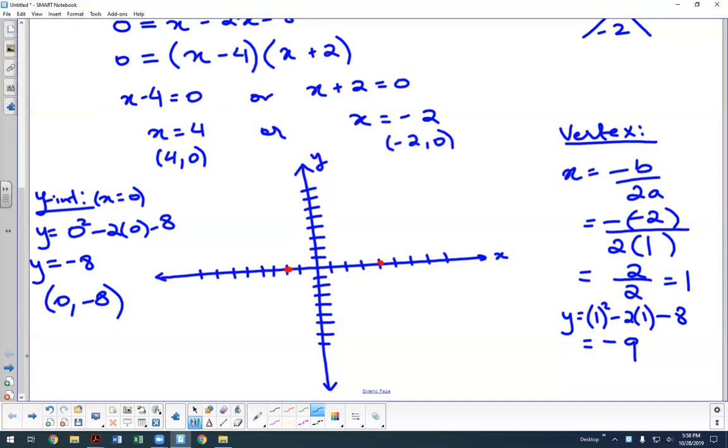So let's see, I think we should have enough information now. So our vertex as an ordered pair will actually be 1, comma, -9. I think I just made these guys 8 by 8.